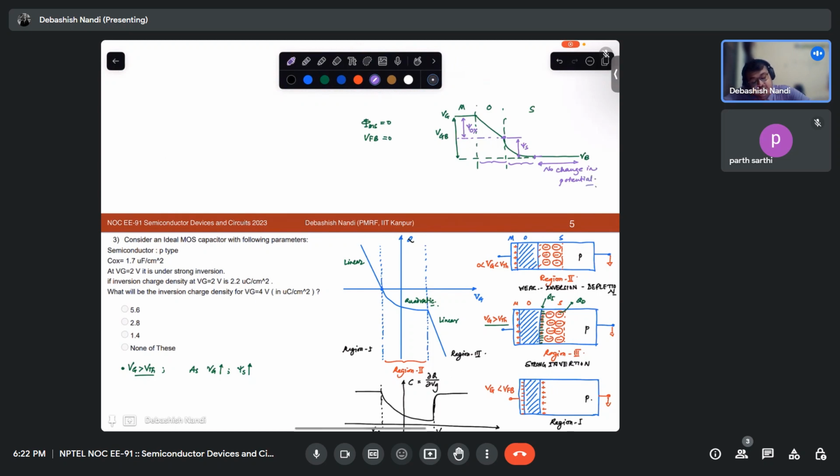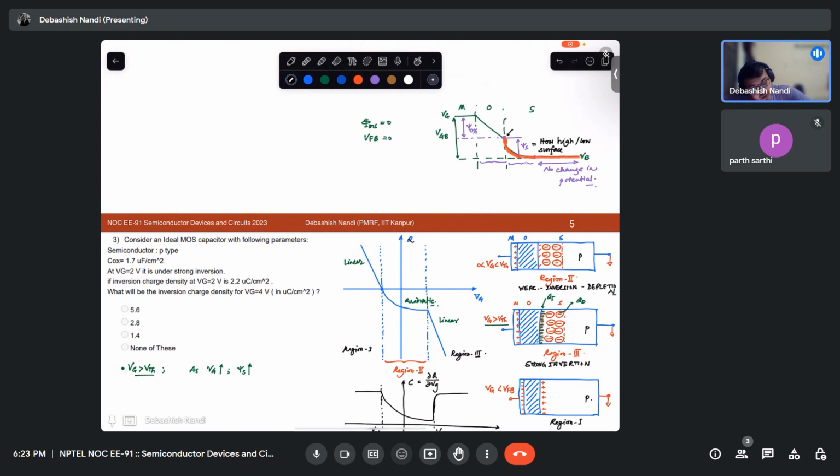So this psi s is called surface potential. That means how much my surface is above the bulk potential, or VB. Psi s is nothing but how high or low the surface is.